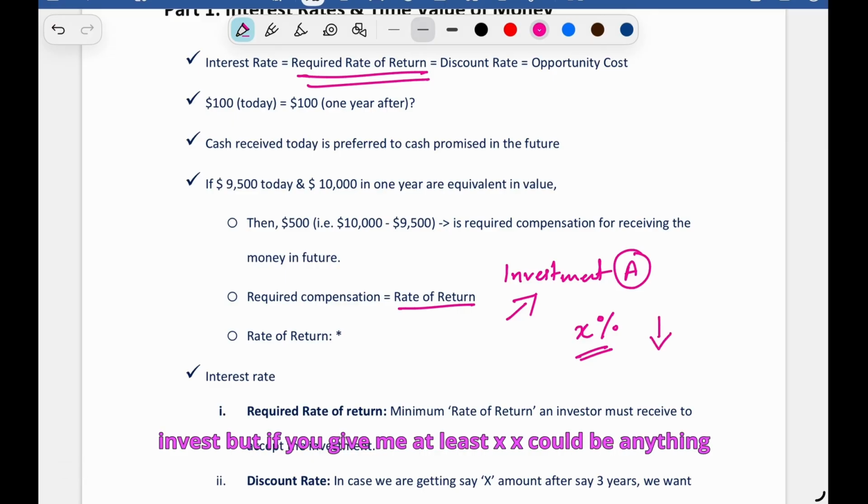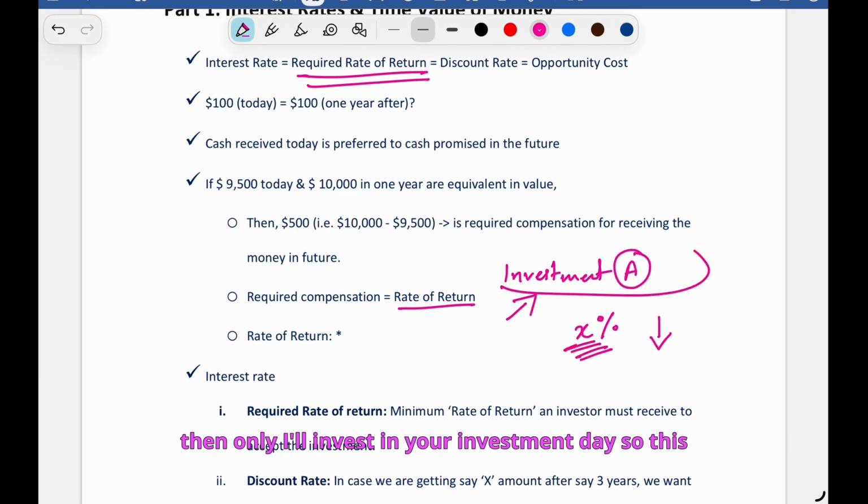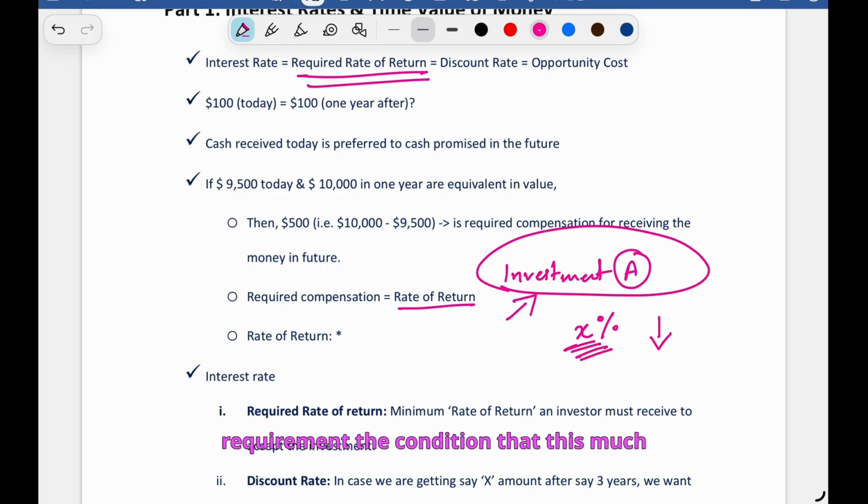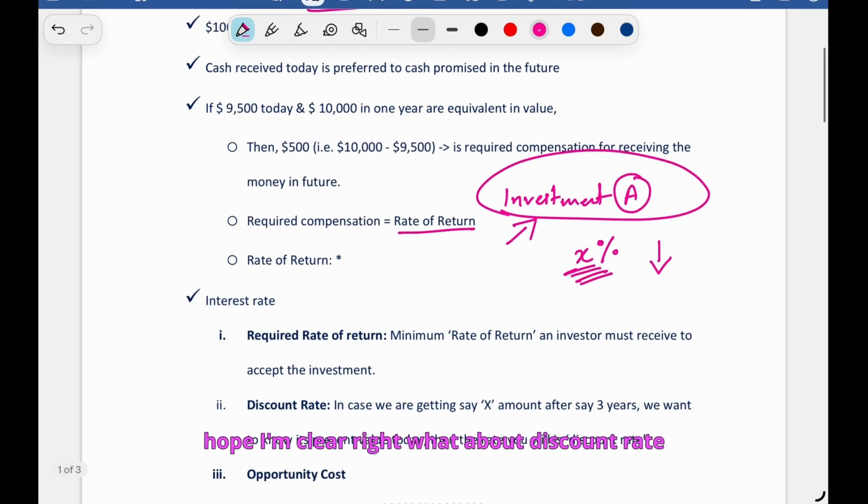But if you give me at least X, X could be anything, right? So that if you give at least X or more, then only I'll invest in your investment A. So this requirement, the condition that this much amount of return is required, is also called the required rate of return. This is how much I require. Hope I'm clear. Right.